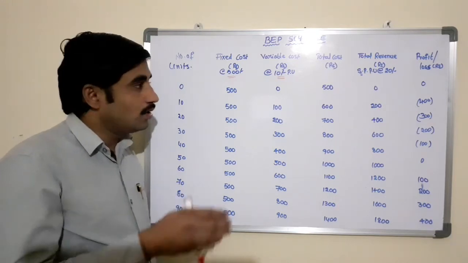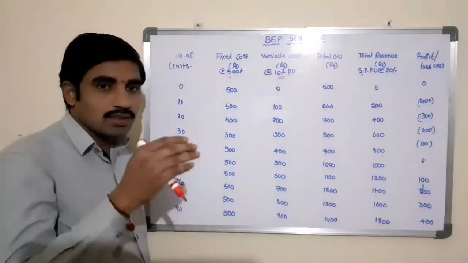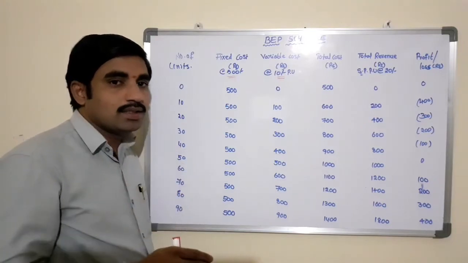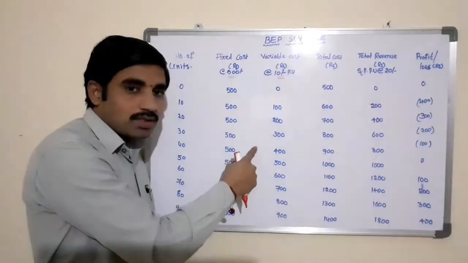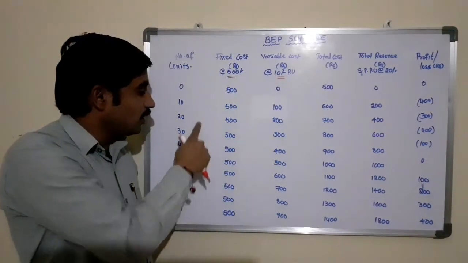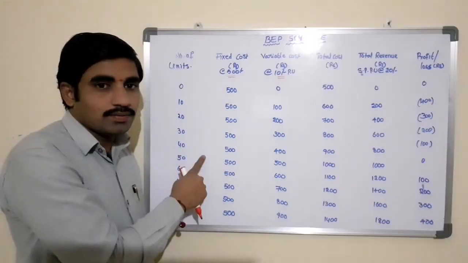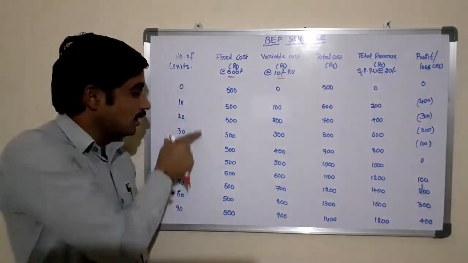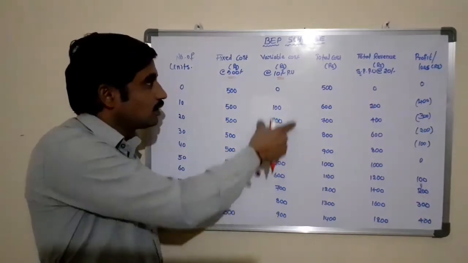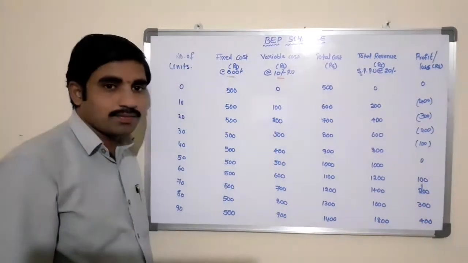All these expenditures come under the variable cost. So variable cost is the cost which changes according to the change in the total production.